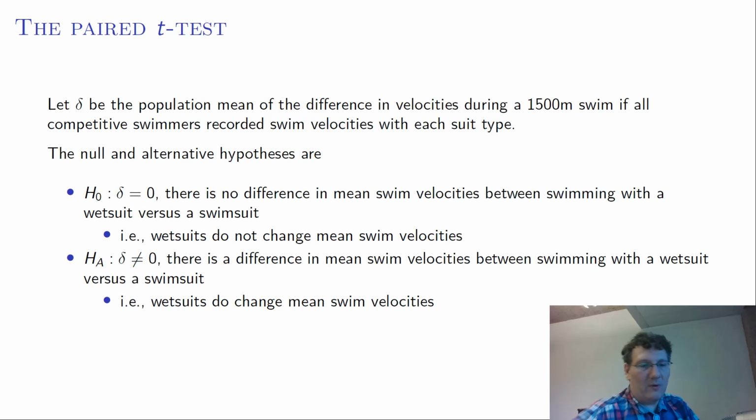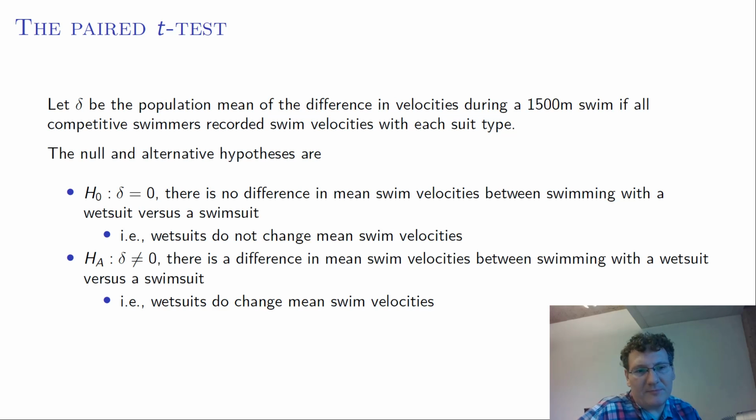Now, here is something I have to say. We use Greek letters to represent population parameters. Here we're using the Greek letter delta to represent the difference in the population means, which I actually haven't seen in other texts, but I like it. It makes sense to use delta because delta means difference.